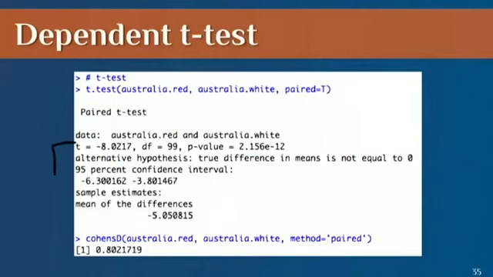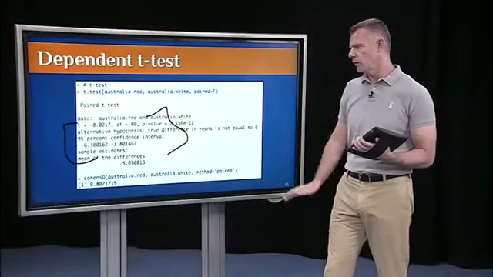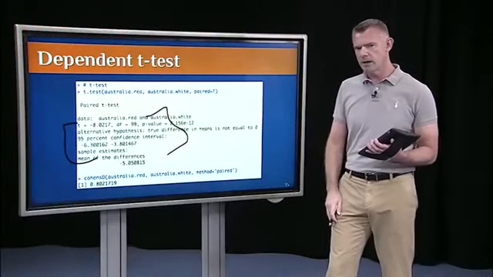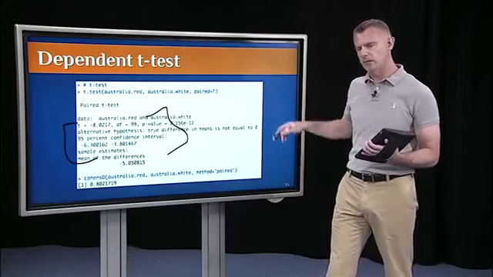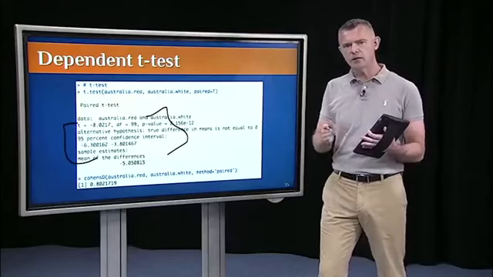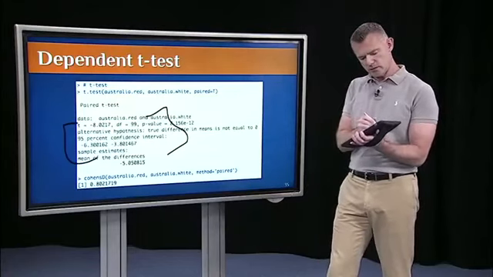What R gives you is a confidence interval, but a little different from the confidence intervals that we covered back when we had the whole lecture on interval estimates. What R gives you is not an interval around the mean of the red and the mean of the white. It gives you an interval around the mean difference. So here is the actual difference.